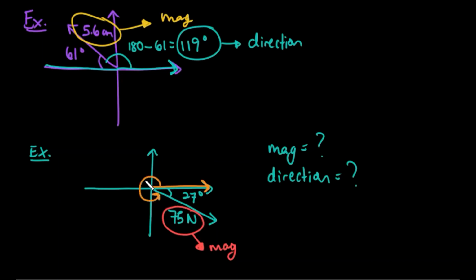So we need to go all the way around from here to here. Now, this is almost a complete circle, but it's not quite. So to find my direction, I'm actually going to take my total angle for a circle, which is 360, and I'm going to subtract 27 from it. And when I do that, I should get 333 degrees, which would then be my direction.